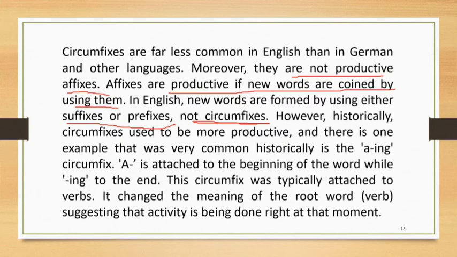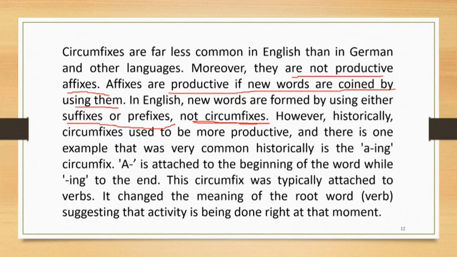The root word, which is the main verb, suggests that the activity is being done right at the moment. When you add ing, that means the activity is being done at that moment also. When it is like he kept awaiting, that means the activity went on till a certain point in time. Is this okay? Now you know what a circumfix is.